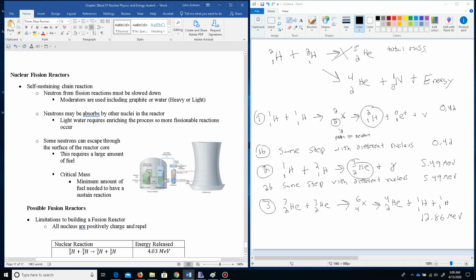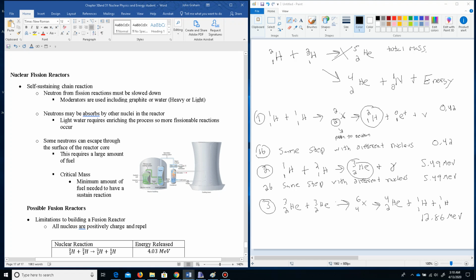The neutrons may be absorbed by other nuclei within the reactor as well. So they can use light water to enrich the process and get more fissile reactions to occur.